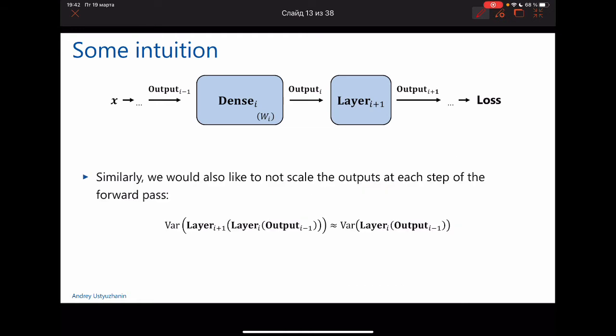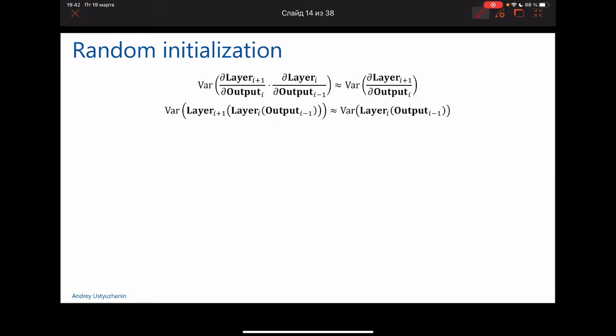And if we are talking about the forward pass, then scale also becomes important because we would like to keep it more or less regularized. It means that the variance of the output of two layers should be equal to the variance of the output of a single layer. Random initialization would be good if we manage to keep those two equations true.